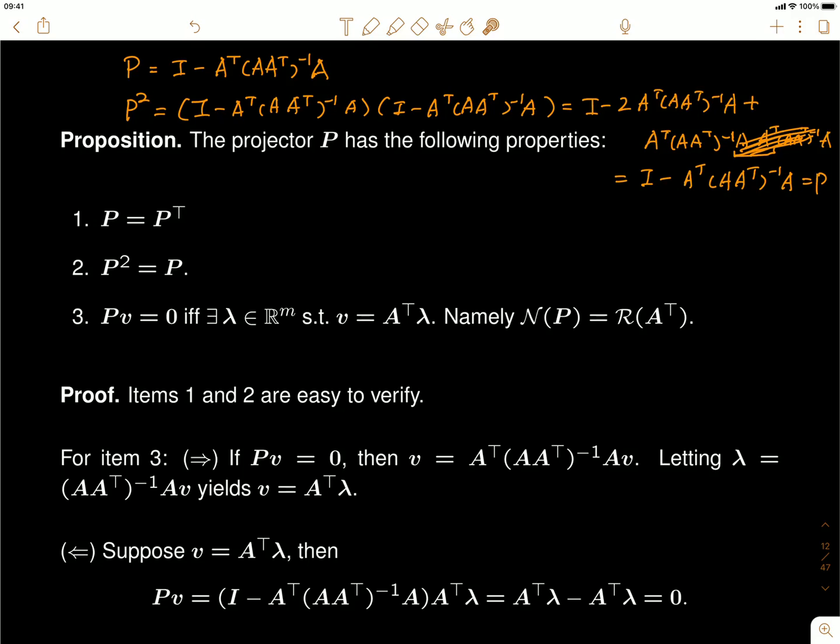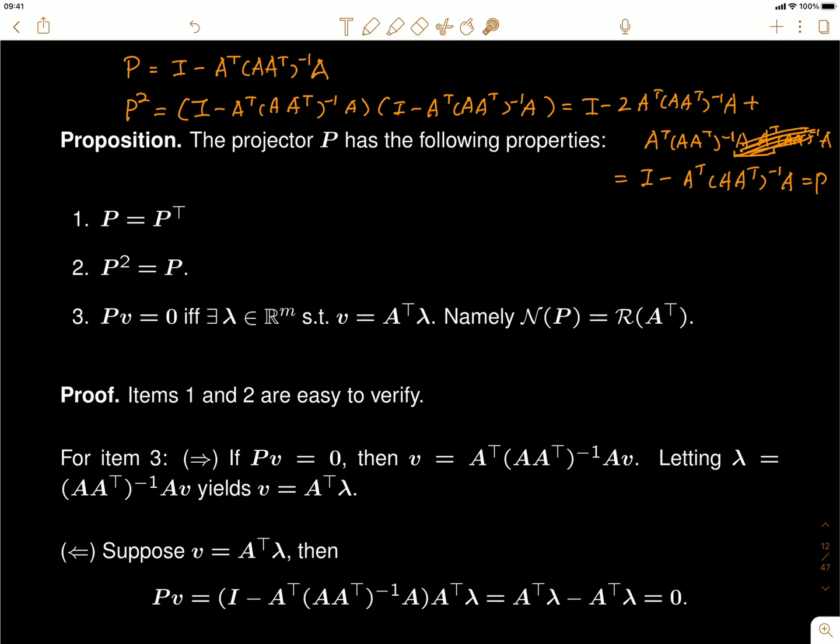Okay, so the last one is that the projection of vector V is equal to 0 if and only if there exists a lambda, an m-dimensional vector lambda, such that V equals A transpose lambda.